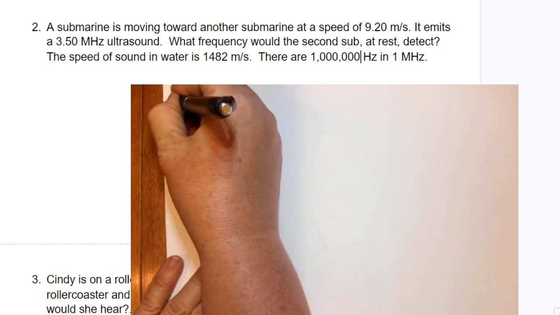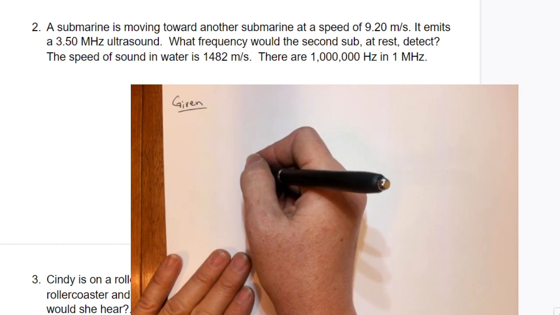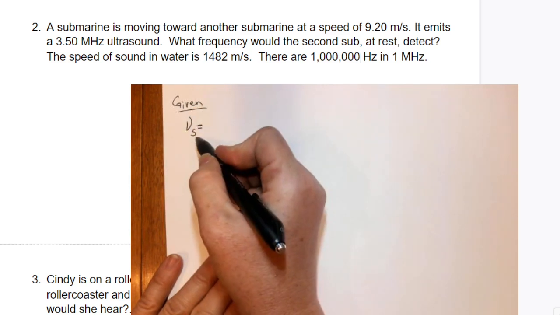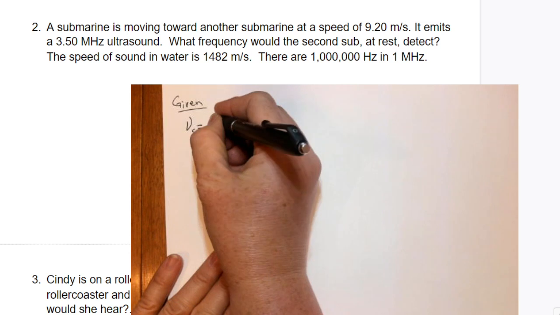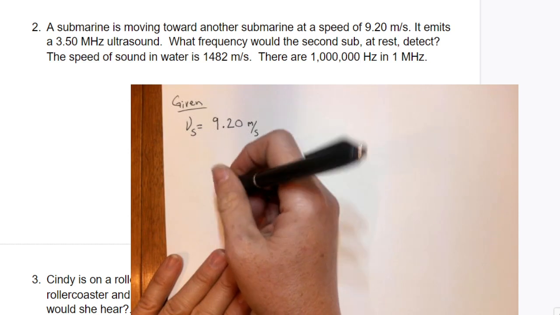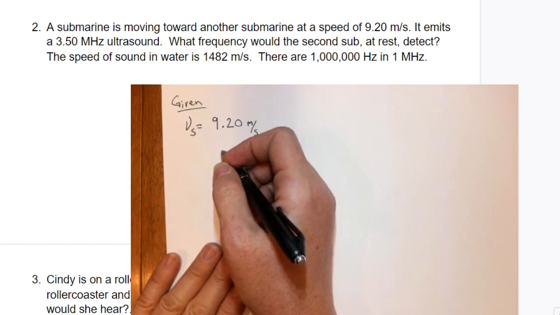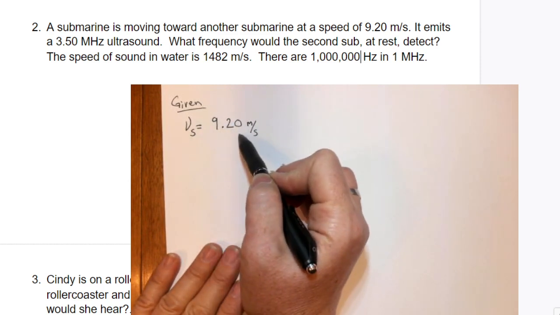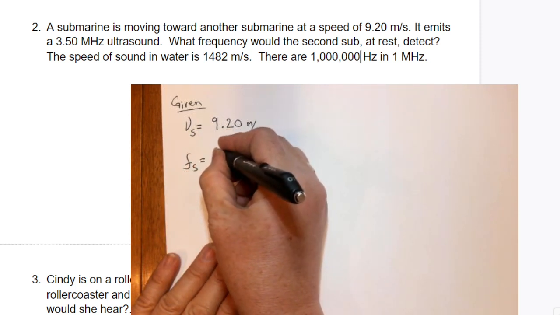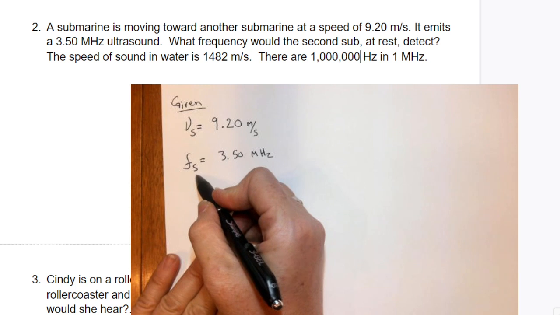Okay, let's do it. Start with the given information. The speed of the one submarine moving towards the other submarine is 9.20 meters per second. That's not the speed of sound, I'm sorry, it's the speed of the sound source, not the speed of a sound wave in water. And it's emitting a frequency of 3.50 megahertz, the frequency emitted by the sound source.